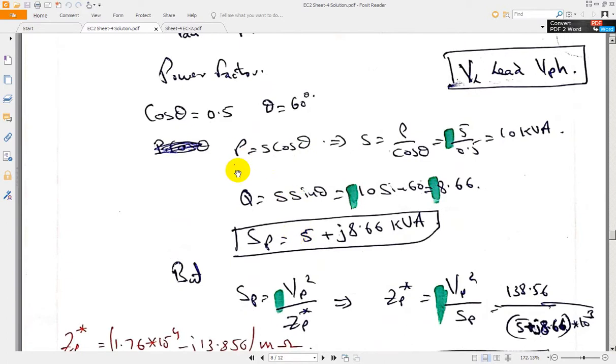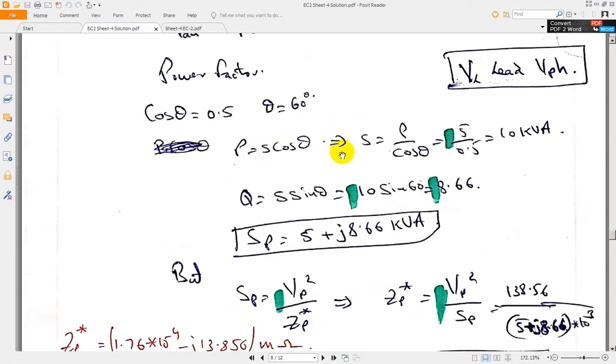For the evaluation of total power, we know P is equal to S cos theta. This is the apparent power, this is the real power. S is the apparent power, which is P cos theta plus jQ sin theta, or rather S cos theta plus jS sin theta, or you can write it as P plus jQ.